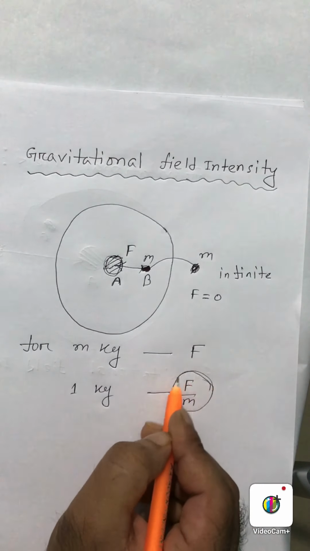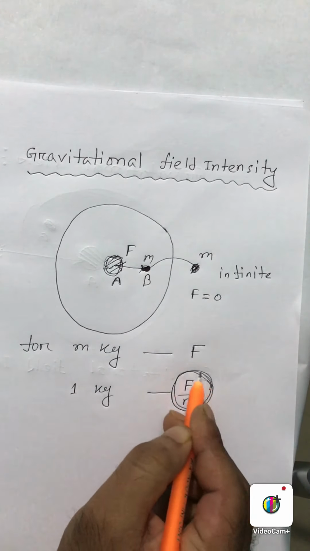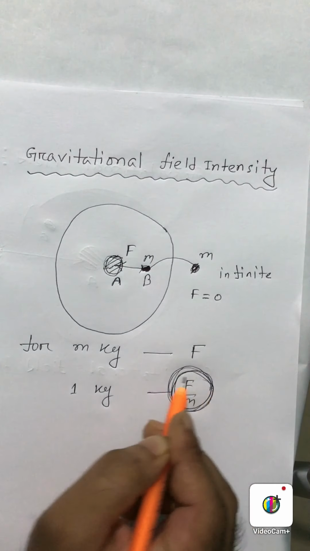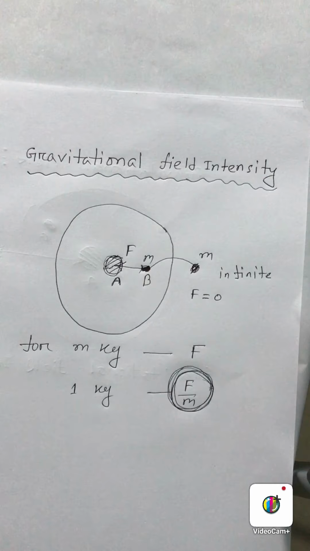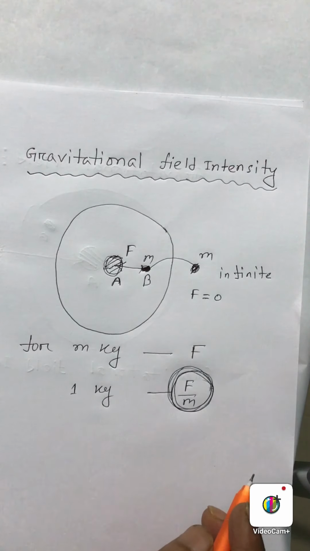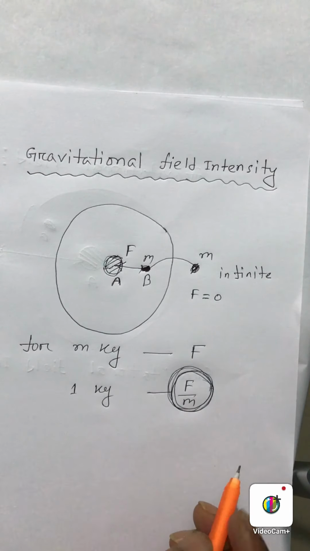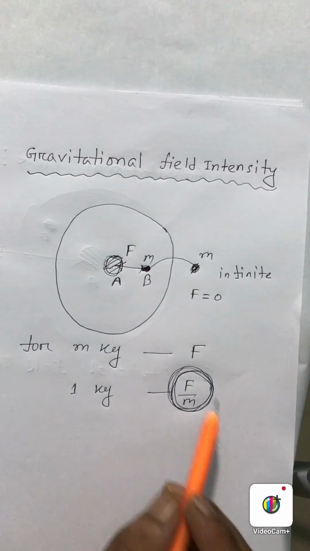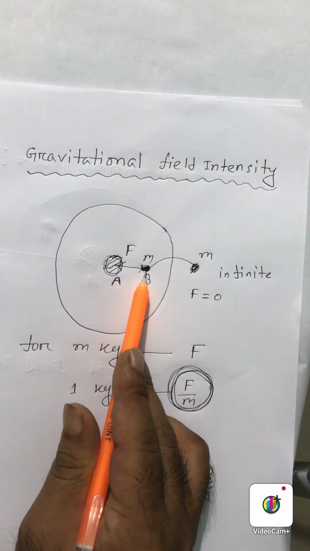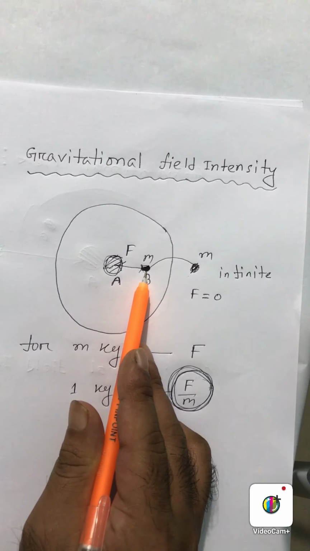This is called the gravitational field intensity. So what is gravitational field intensity? If an object of 1 kg mass is brought from infinite distance to a point inside the gravitational field, the gravitational attraction force acting on the object is called gravitational field intensity.